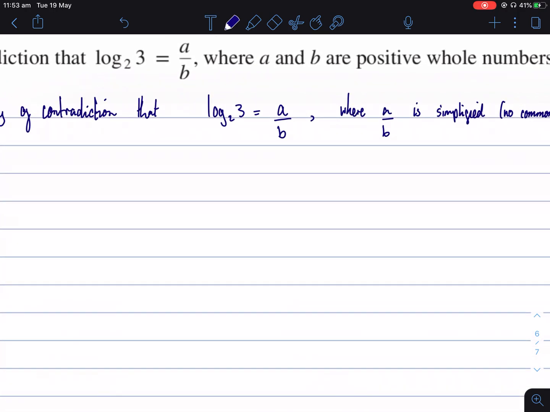And we don't know what we're going to end up with. The thing I'm thinking of to start with is rewriting this as 2 to the a over b equals 3, which means I've got 2 to the a. That's not helping me, is it?